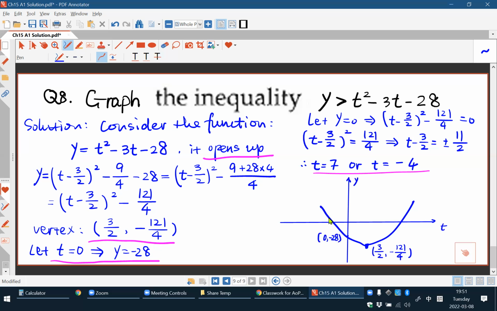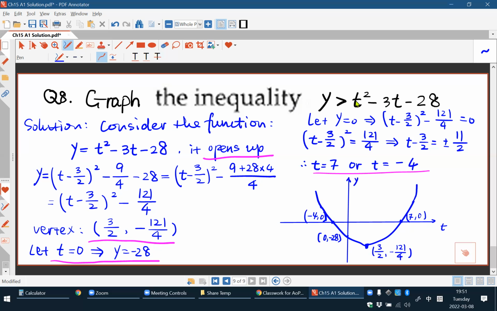And the two t-intercepts are negative 4, 0, and the next one is 7, 0, right? Okay, so basically this function will have a sketch like this. And remember, it's not over yet. We need to find the region that corresponds to the inequality, right?